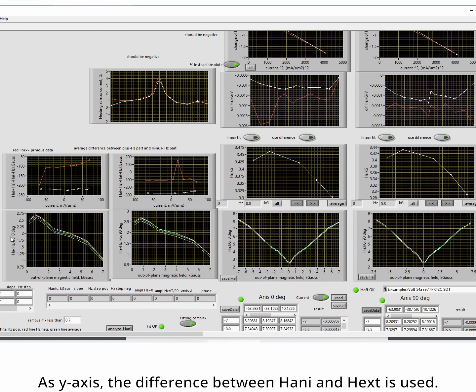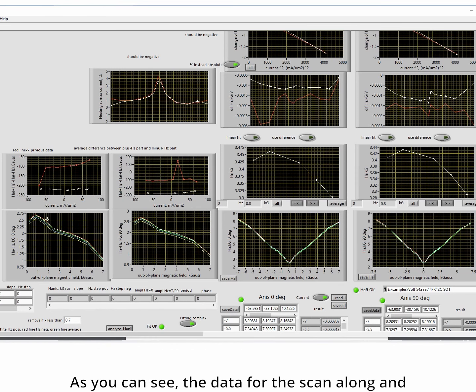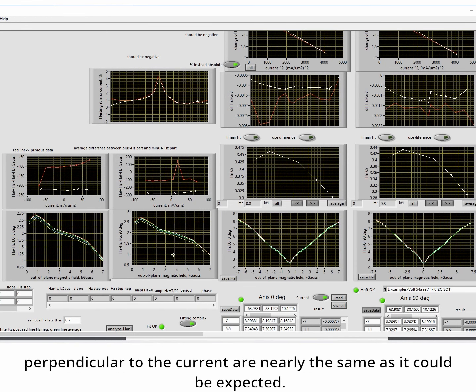As the y-axis, the difference between the anisotropic field and the external magnetic field is used. As the x-axis, the absolute value of the external field is used. As you can see, the data for the scan along and perpendicular to the current are nearly the same, as could be expected.